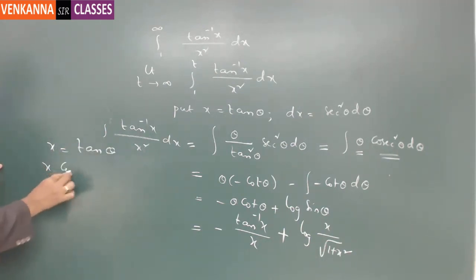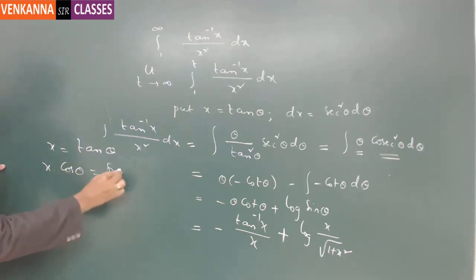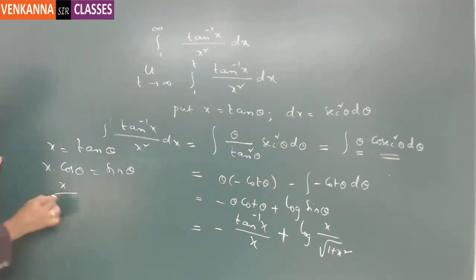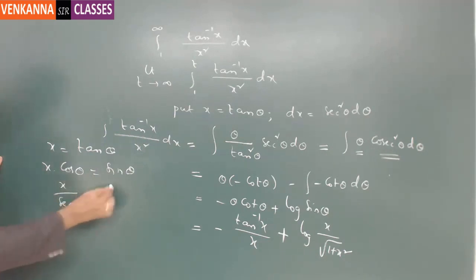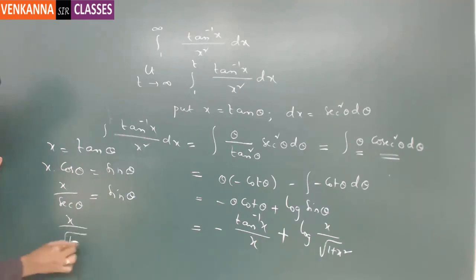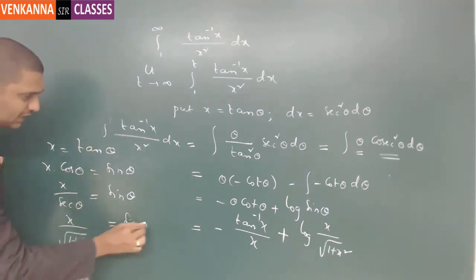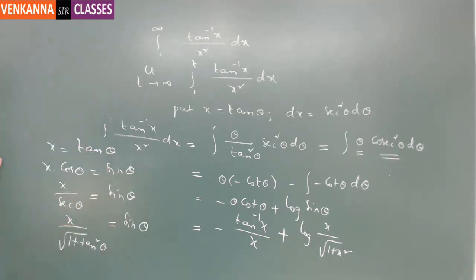So x into cos theta is equal to sin theta. We should know the value of sin theta. So x by secant theta is equal to sin theta. So x by root of 1 plus tan square theta is equal to sin theta. And you have taken x is equal to tan theta. So it will be x by root of 1 plus x square. That was the value.